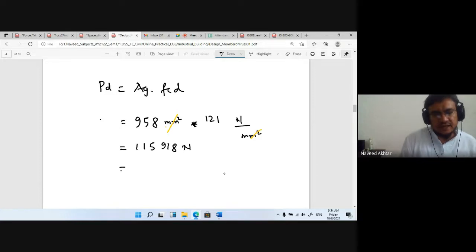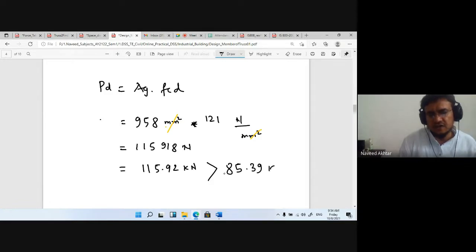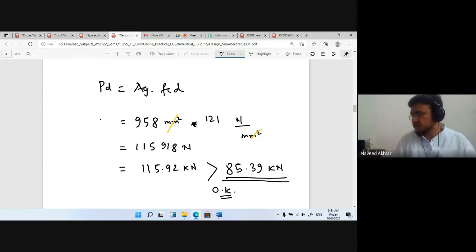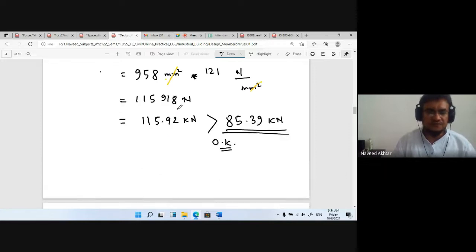It means 115.92 kilonewton, which is larger than the PU, that is the actual load of 85.3 kilonewton, which is much larger. So you can say that in compression, the chosen angle section is okay.